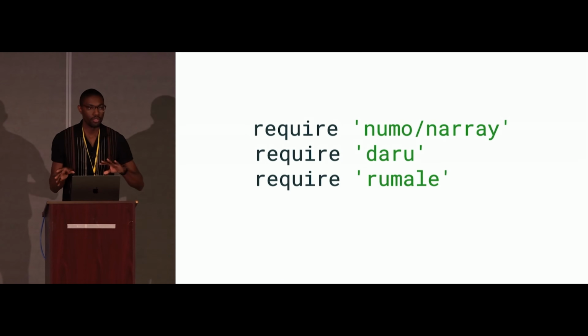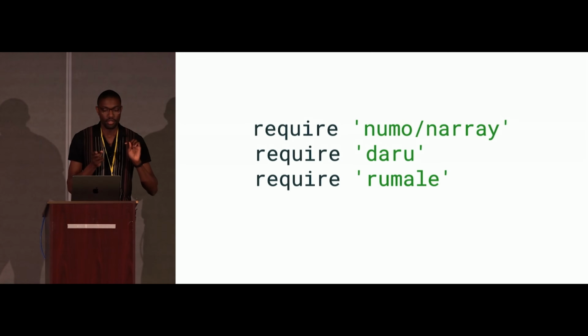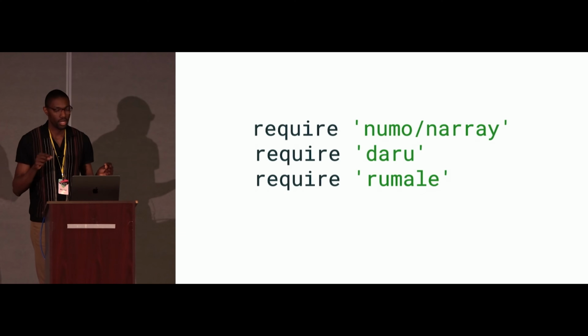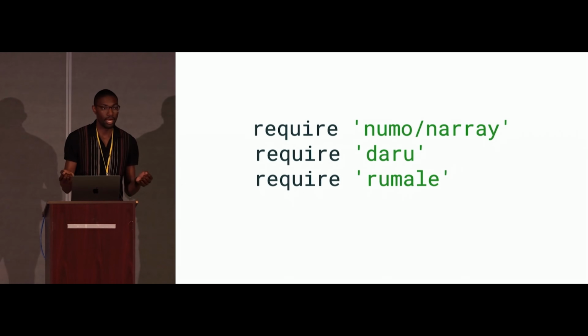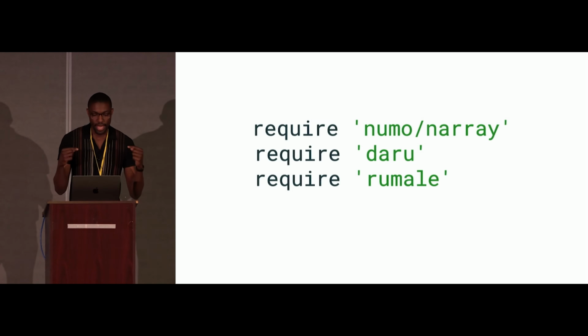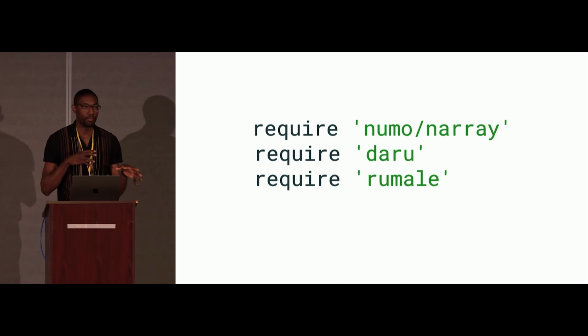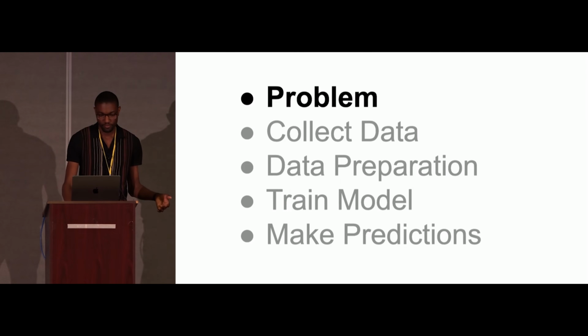I'm not sure how familiar you are with Python, but Numo and Daru have synonymous Python libraries, numpy and pandas, so those are replacements for those. And then Rumale is a gem that allows you to use different machine learning algorithms.